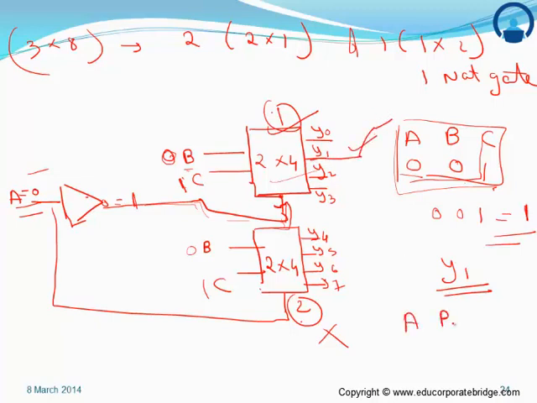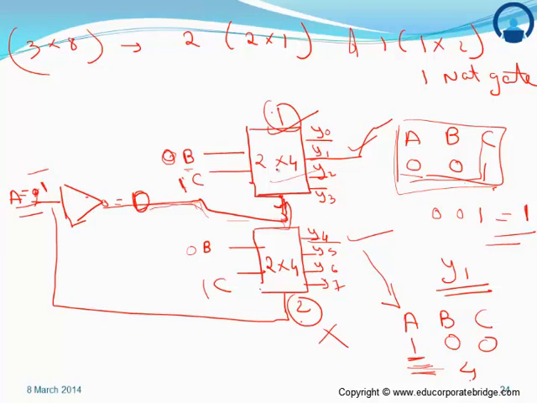If A, B, C is selected as 1, 0, 0, the value of 1, 0, 0 is equal to 4. So let's see the working. How does Y4 get selected? In this case, Y4 gets selected. Let's see. A is 1. So if we put A equal to 1, the output of the NOT gate will be 0.